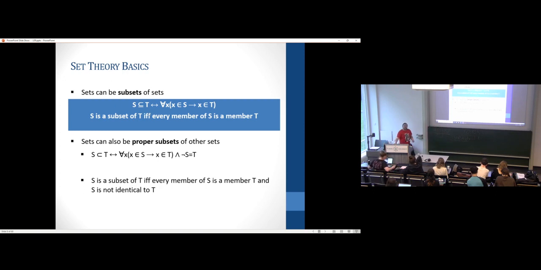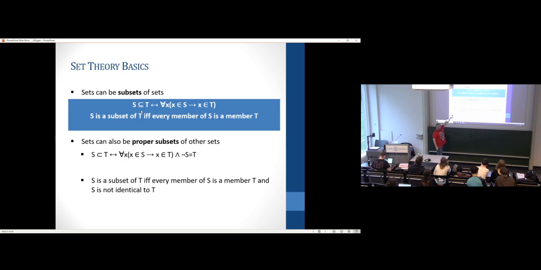Now, again, subsethood is this less than or equal to sign. But you might be interested in something that's strictly smaller. And so we have the notion of proper subset. Proper subset just means literally smaller than. It has to be smaller. So it just drops the or equal to. And we can define being a proper subset.